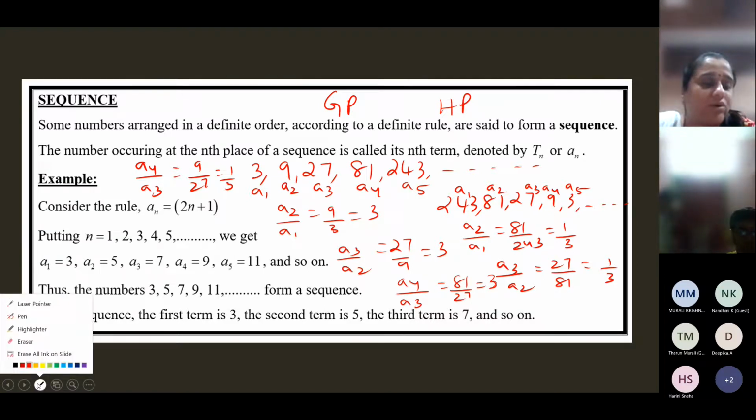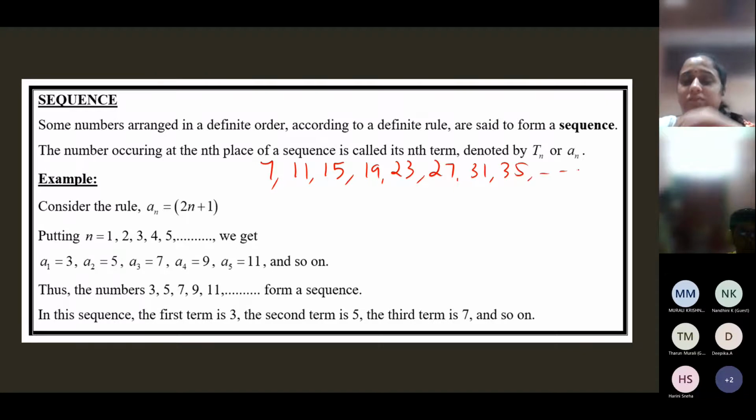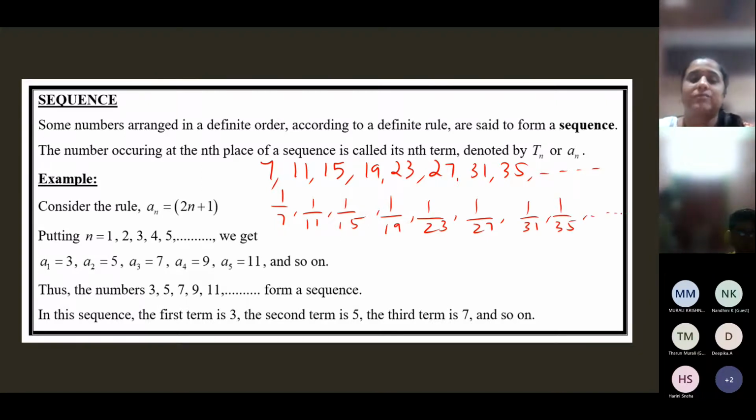And a harmonic progression is where the terms... now, let's generate an arithmetic progression. Say we start with 7, 7 plus 4 is 11, plus 4 is 15, plus 4 is 19, 23, 27, 31, 35, and so on. The reciprocals are 1 by 7, 1 by 11, 1 by 15, 1 by 19, 1 by 23, 1 by 27, 1 by 31, 1 by 35, and so on.